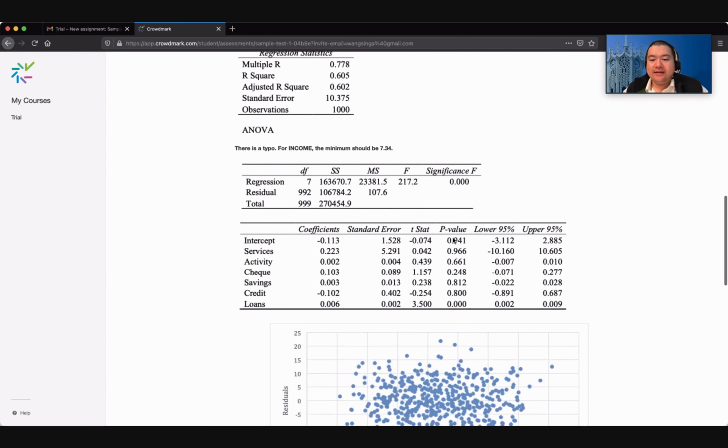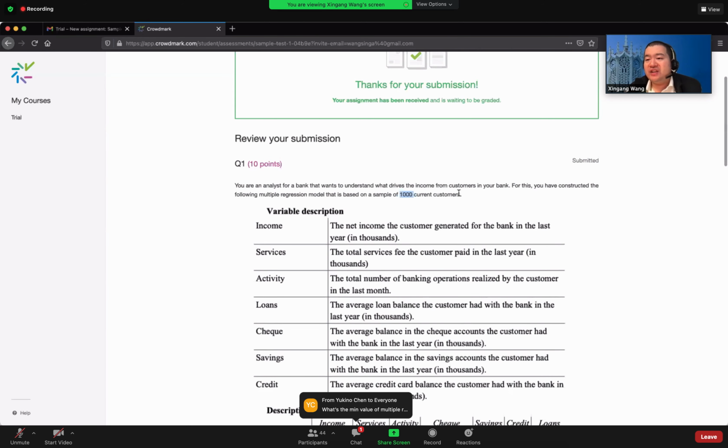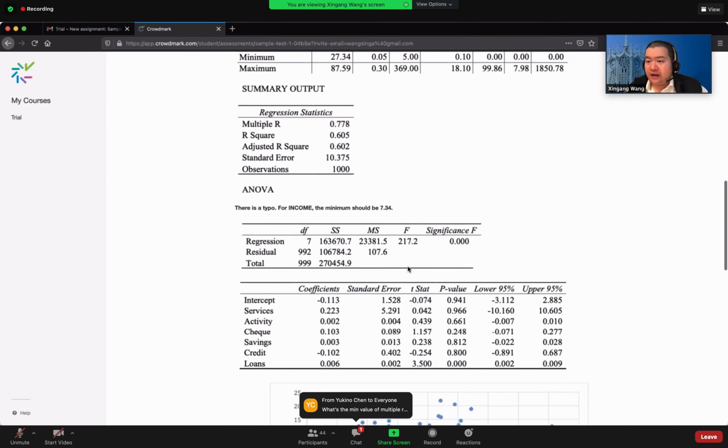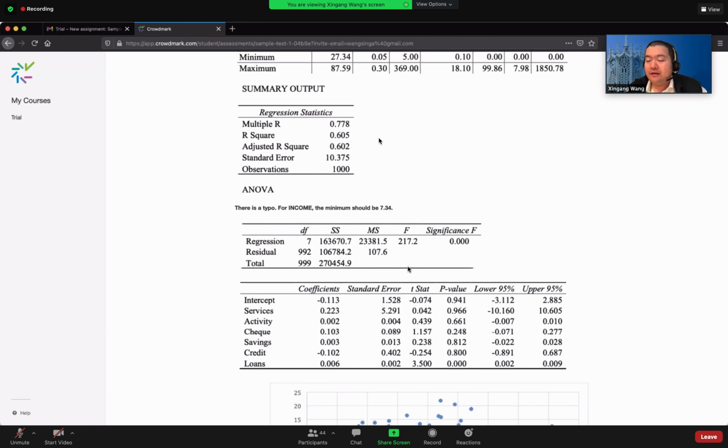Okay, and then you look at the p-value. The p-value shows whether or not the coefficient is statistically significant, right? And again here, because the question didn't really specify the confidence level, there are three confidence levels: 90, 95, and 99.